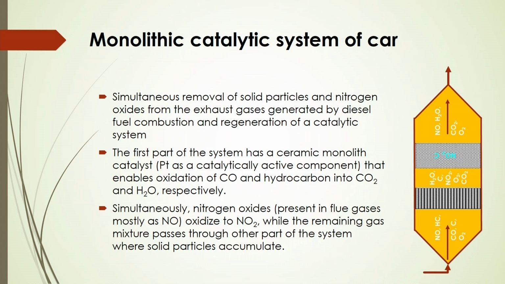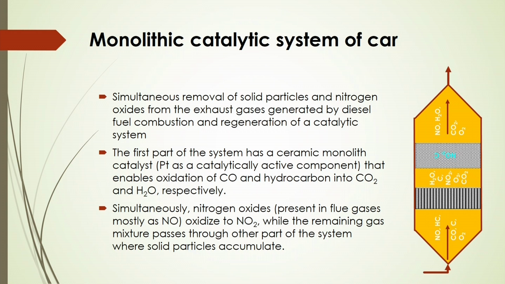And in the monolithic catalytic system of a car, see in the figure, it is shown that this converter from the bottom, there will be simultaneous removal of solid particles and nitrogen oxide from the exhaust gases generated by diesel fuel combustion in the catalytic system there. This is the function of this catalytic converter.